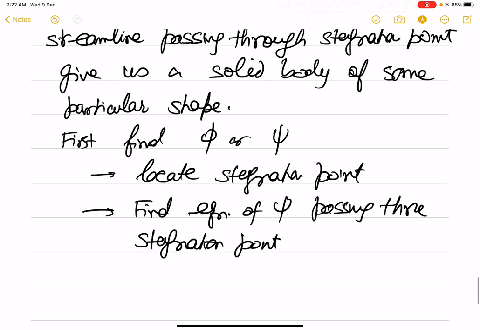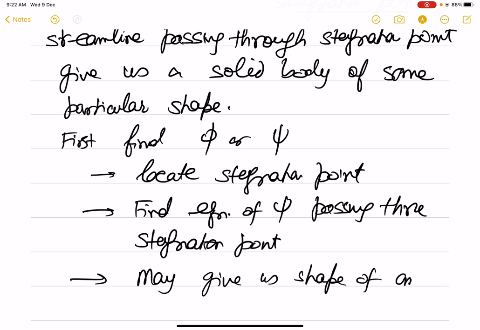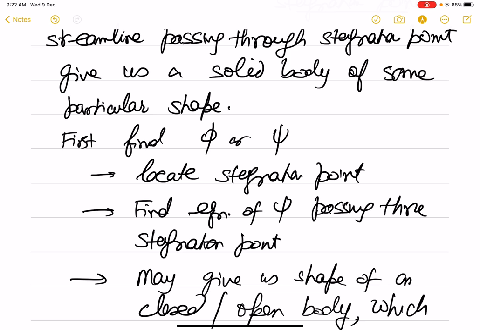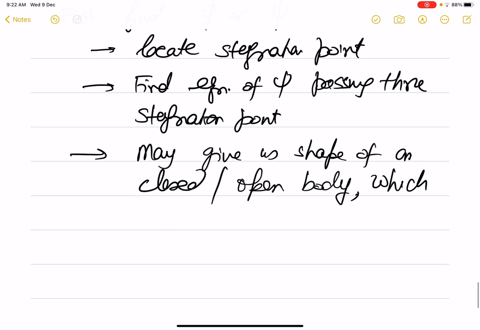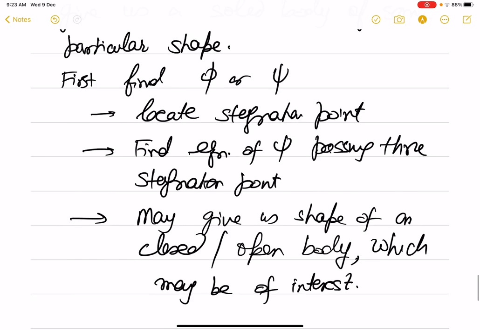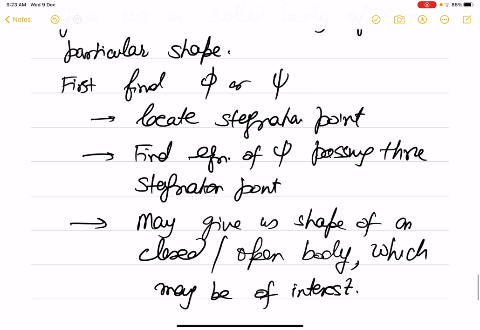And this may give us some shape of a closed or open body, which may be of interest. So this is, in a nutshell, how we will be trying to solve problems.